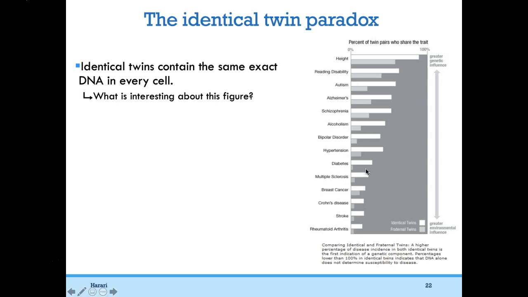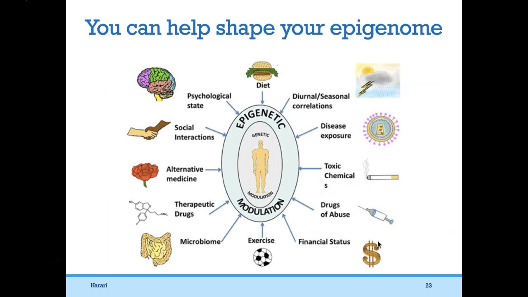Something like diabetes is not very genetic. If only 25% of the time, if you both have the same genes, you're going to both have diabetes. Right, there must be environmental influences. And that's what epigenetics talks about. Epigenetics talks about just because you have a gene doesn't mean it gets expressed. There are so many factors in the environment that influence the epigenome.